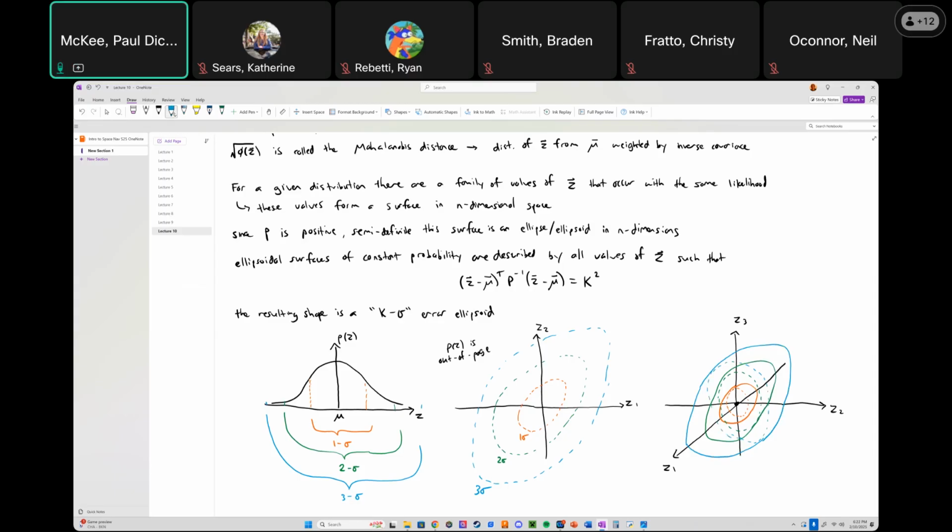But this is meant to be a 1 sigma, a 2 sigma, and a 3 sigma surface. So 1 sigma, 2, 3 sigma. We won't go any higher than this.